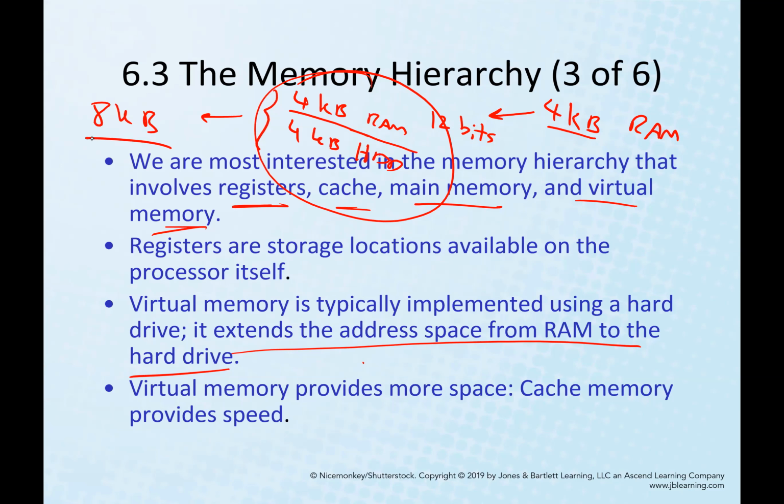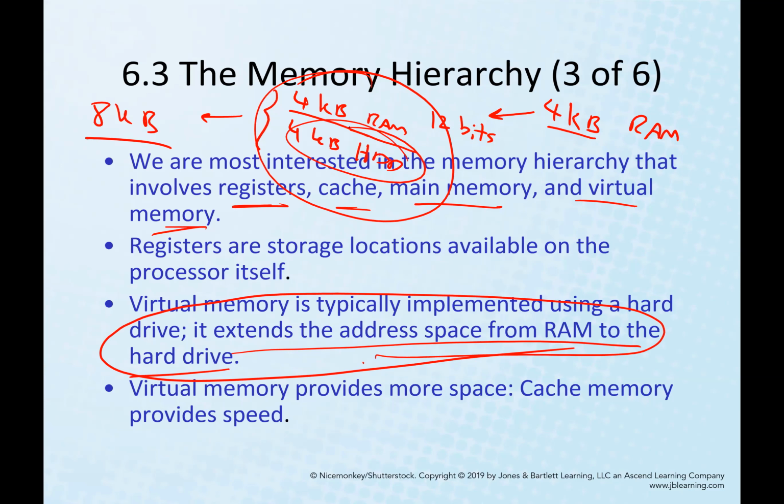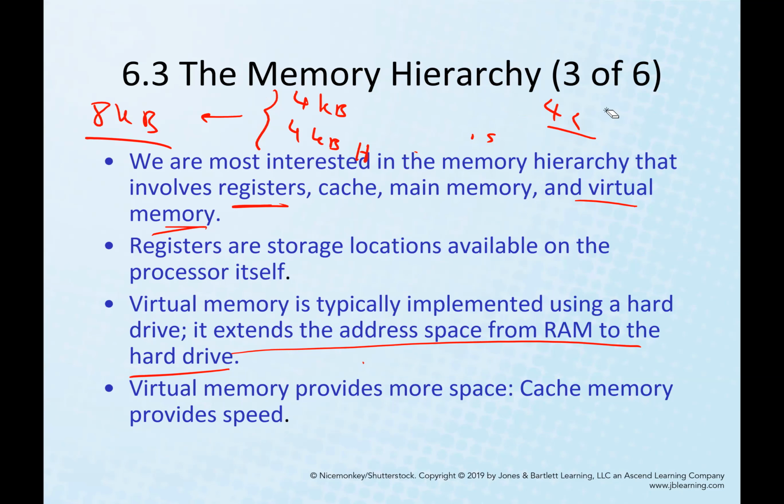By using virtual memory, we extend the address space for the RAM. So we can consider the hard drive as a part of the RAM in addressing. We will discuss virtual memory later, but here it was just an introduction.